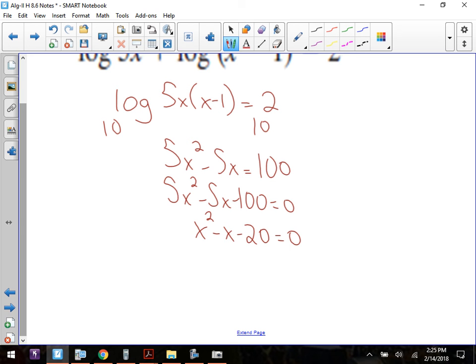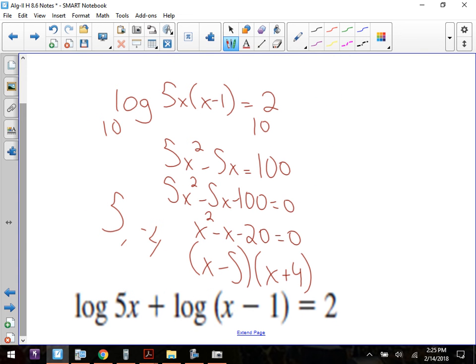What times what is negative 20, and adds together to get negative 1? Which now gives me my zeros of 5 and negative 4. And then I go back and see if it works.